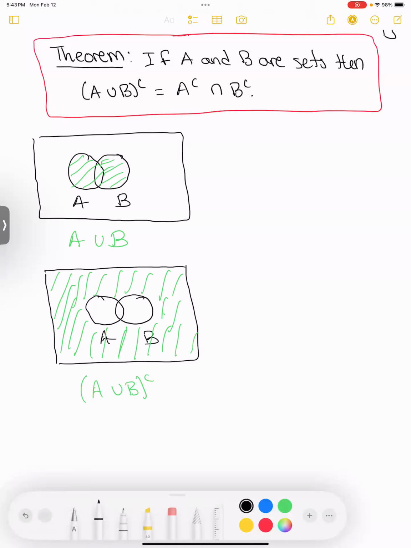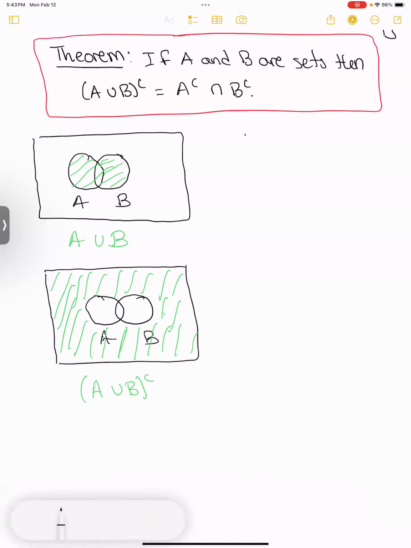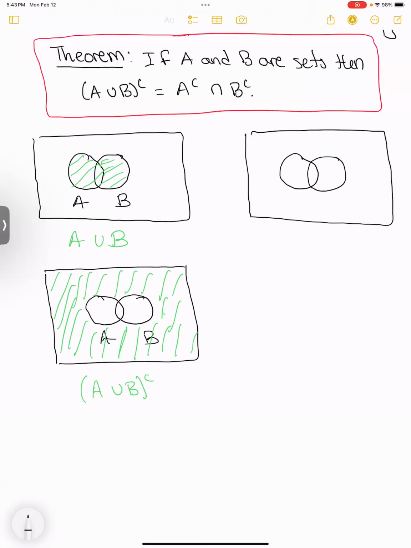Okay. On the other side, I'm supposed to take just A complement. So let's again draw A and B, but we're just going to look at A complement.